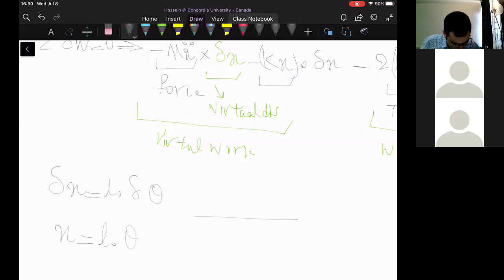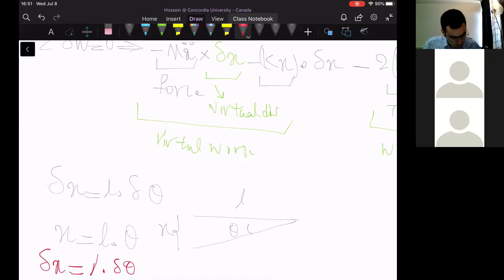When x is very small, we can take the variation from both sides. Therefore, the variation of x is equal to L multiplied by the virtual variation of theta.